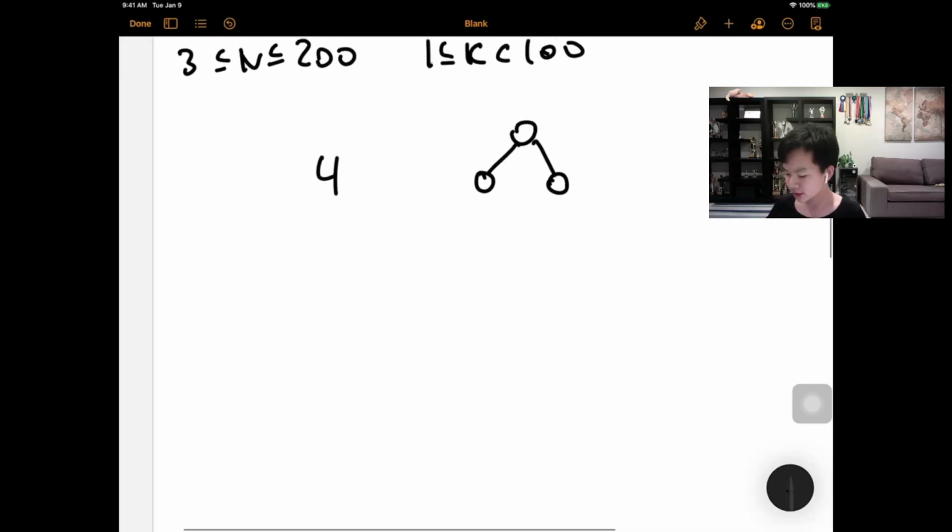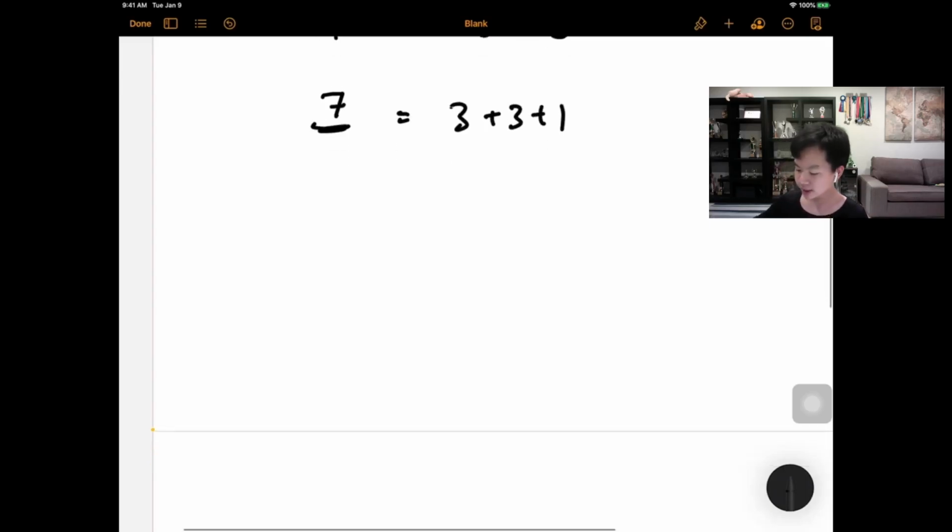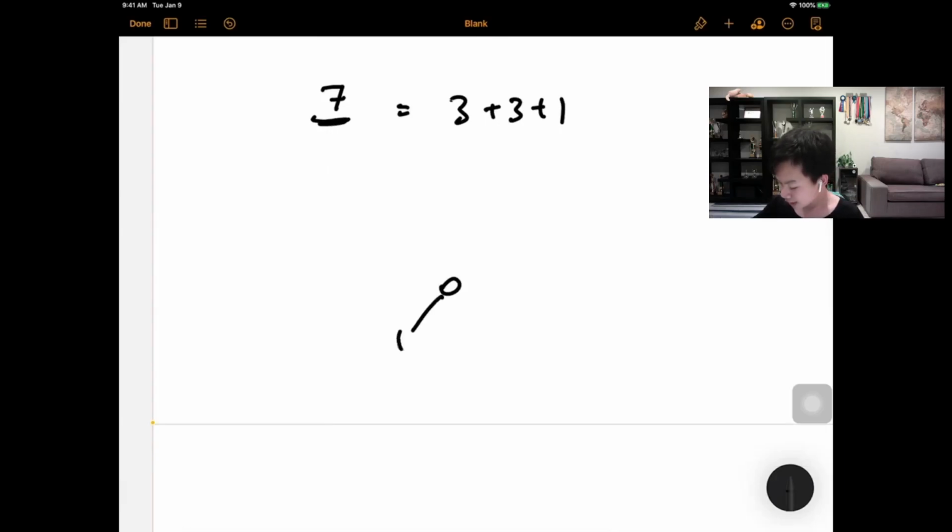Now let's say we're going to construct a tree with 7 nodes. 7 can equal 3 plus 3 plus 1. So we have a small tree over here, and again, these consist of 3 nodes.